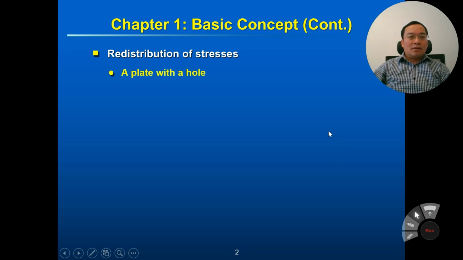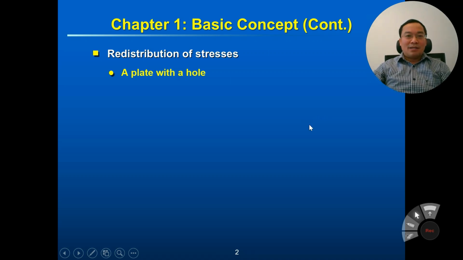I will talk about several examples for you to understand the concept of plastic analysis and design. In the previous slide, we already talked about the behavior of the materials and the idealized stress strain curve that we will use in the plastic analysis and design.